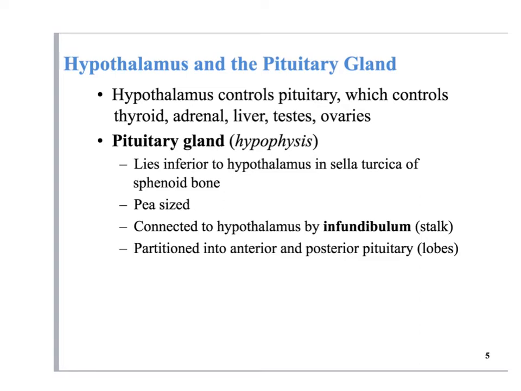It's a pea-sized organ, and it's partitioned into anterior and posterior lobes. They look different. They have different cellular constituents because they are derived from different embryonic origins.